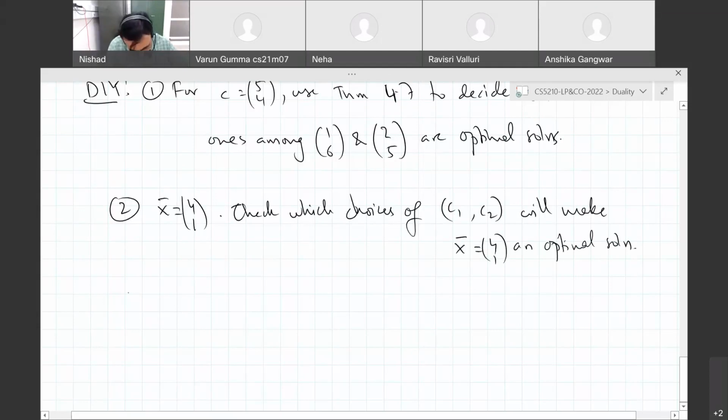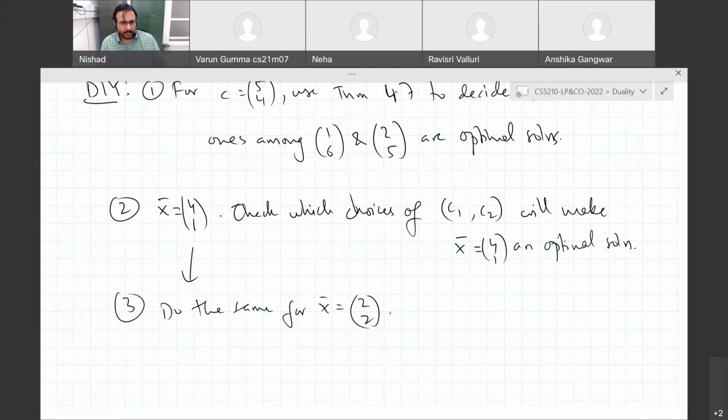And I want you to do the same thing for another vector, which is 2, 2, which is also in the feasible region. So I've given you two vectors which are in the feasible region, and I want you to use theorem 4.7 to figure out which choices of objective function will make these points optimal solutions.